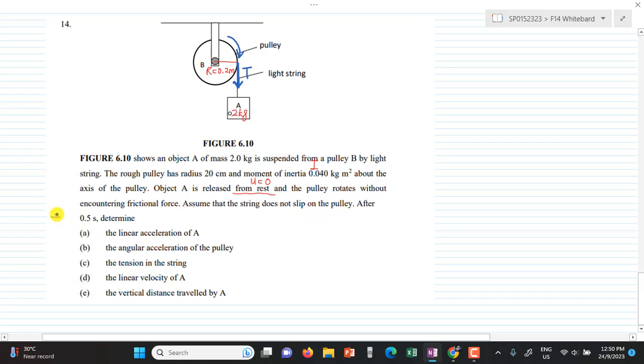After time 0.5 seconds, we want to determine the linear acceleration of A. So we want to find a, the linear acceleration for object A, because object A is doing linear motion and the pulley is doing rotational motion.